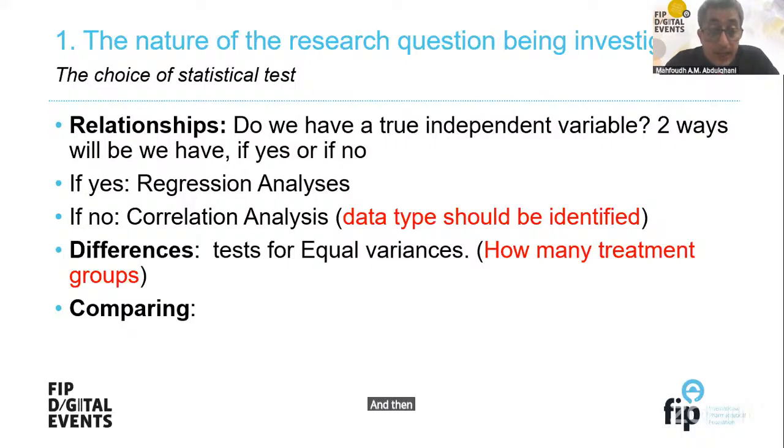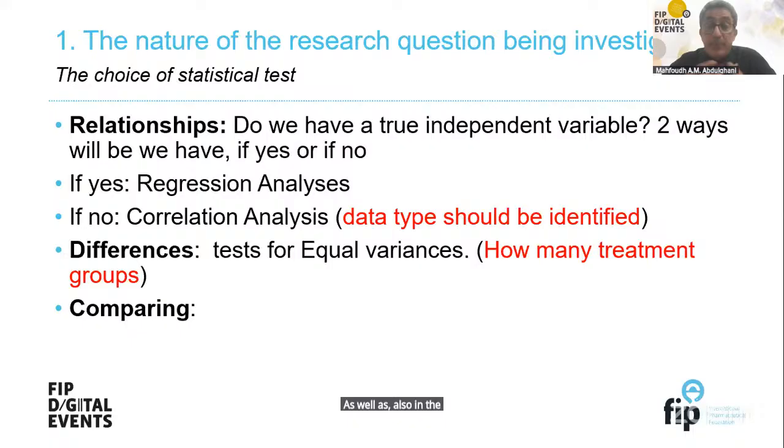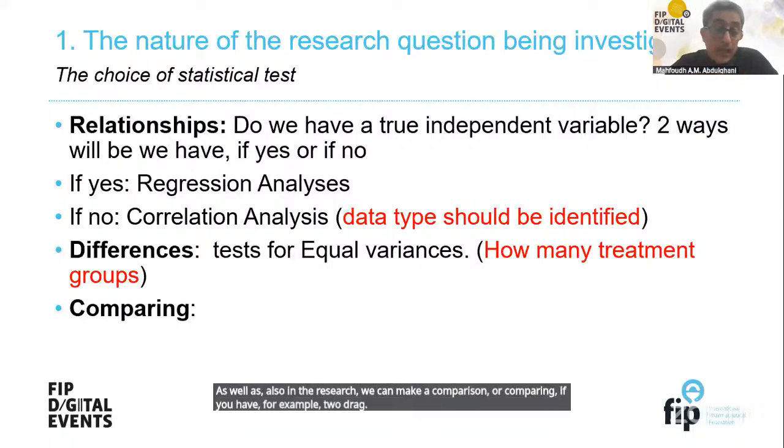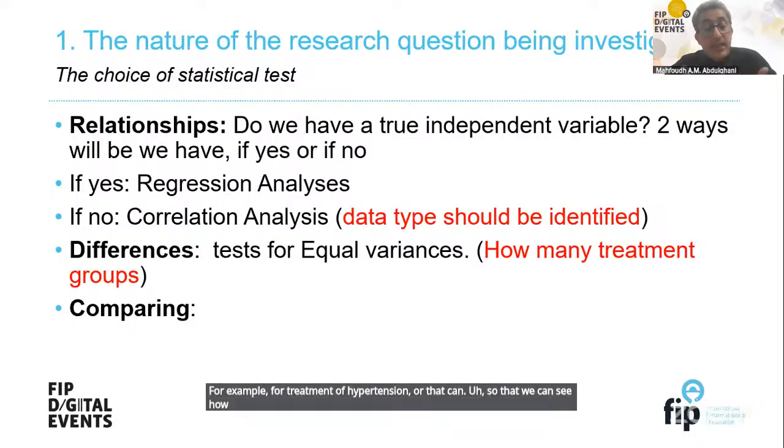And also we can see the differences. Sometimes the test for equal variance, if you have how many groups, can be treatment, that we need to see the differences. As well, in research we can make a comparison. If you have, for example, two drugs for treatment of hypertension, we can see how significant the difference is, so we make this comparison.